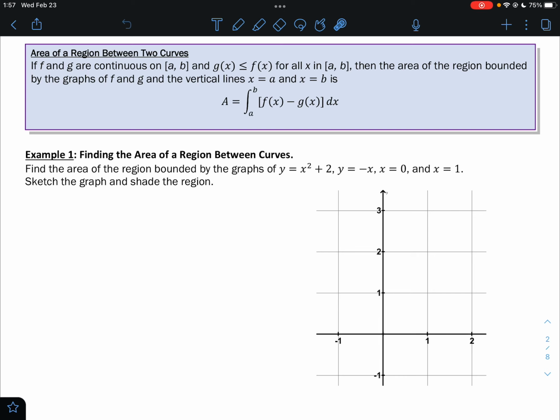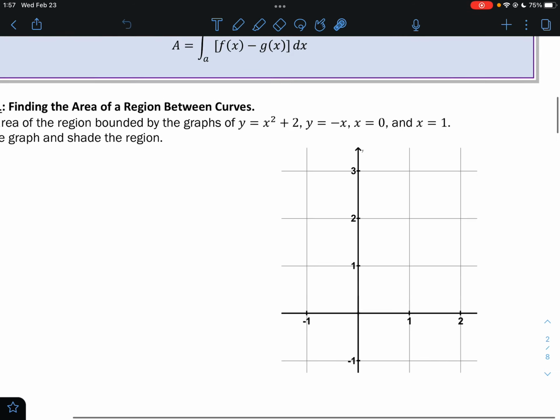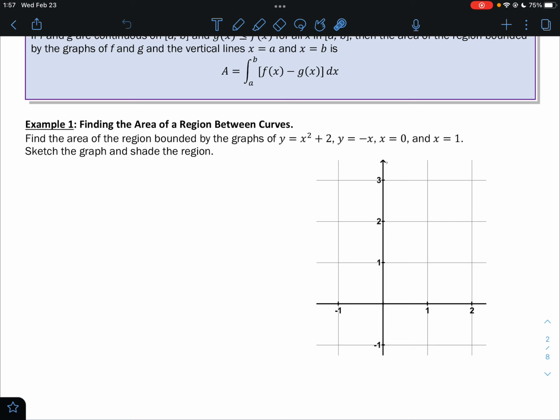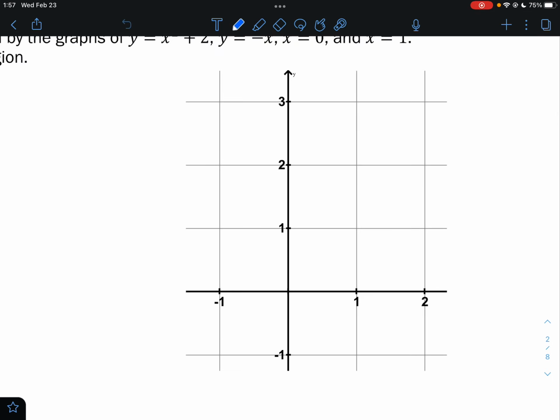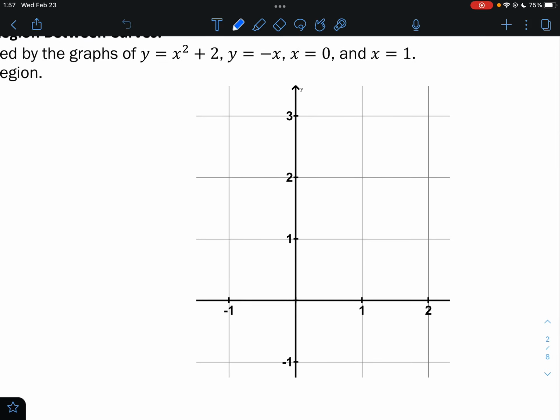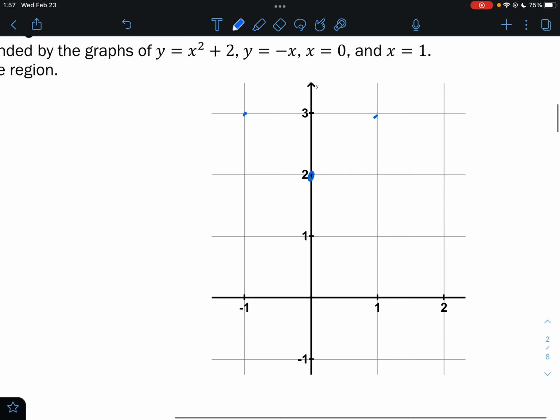Let's take a look at our first problem here. Find the area of the region bounded by the graphs of y equals x squared plus 2, y equals negative x, x equals 0, and x equals 1. Sketch the graph and show the region. All right, so first of all, y equals x squared plus 2 is just a parabola. It's going to look like this.